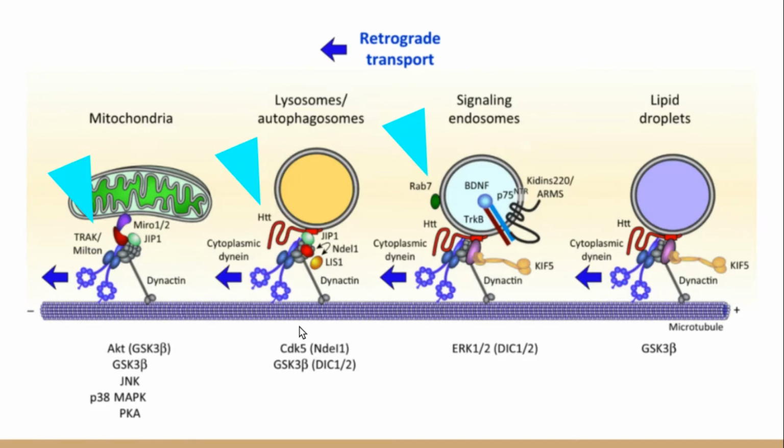Again, GSK3 beta can phosphorylate dynein, and this GSK3 beta, which is a very potent stress signaling kinase, actually functions as a negative regulator of dynein transport and also kinesin transport. And since this kinase is upregulated in many neurodegenerative diseases, it's certainly plausible that it underlies many of their associated defects in transport that we're going to talk about in the next slide.